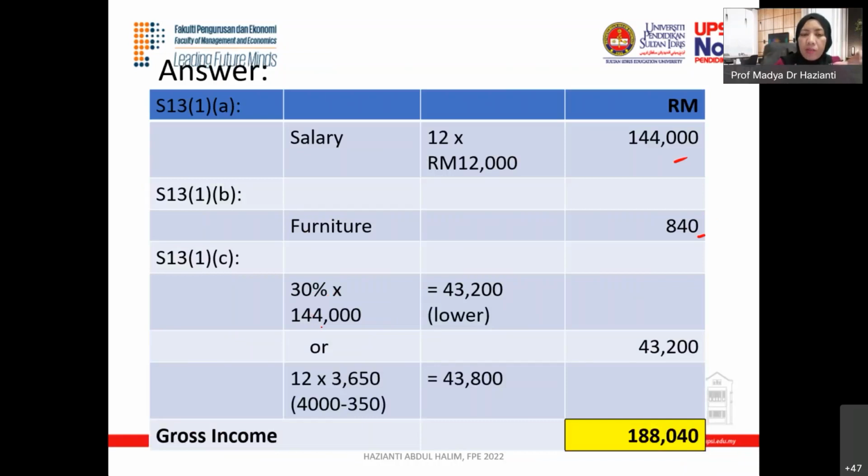30% darab dengan 144,000, gaji dia tadi, dapat 43,200. Or kita nak defined value. You must compare, tak boleh ambil straight away 30% ni je. You must compare sebab formula dia mesti 30% daripada section 13(1)(a) or the defined value, whichever is lower. So sekarang defined value dia dekat sini.